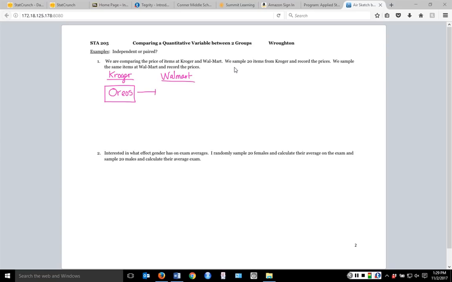Now when I go to Walmart, is there a certain item that is matched to this Oreos at Kroger? Well, it said I had to sample the same item, so once I have Oreos at Kroger, I have to also get Oreos at Walmart. So our example is going to turn out to be paired or dependent because we're sampling the same items at both stores.